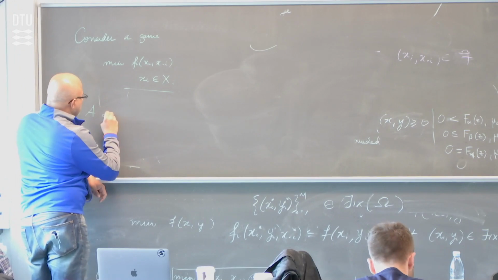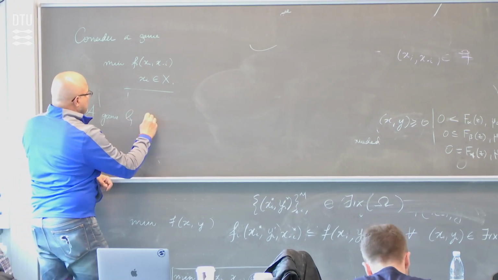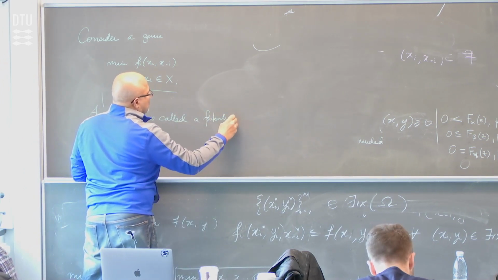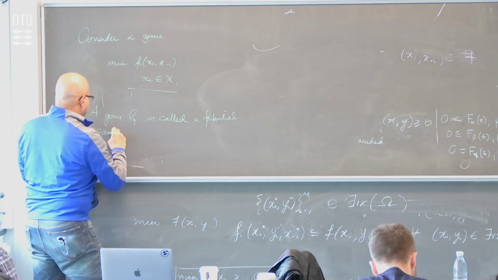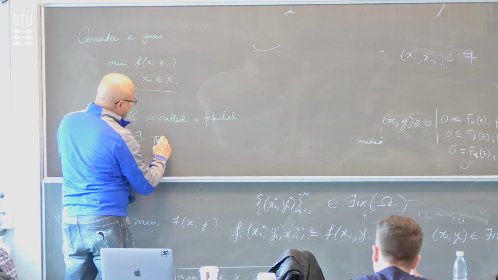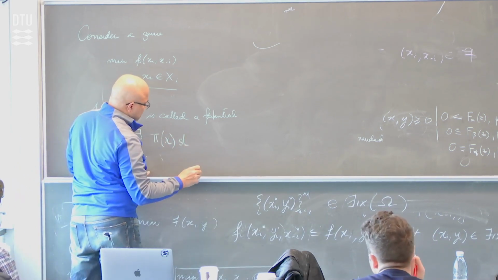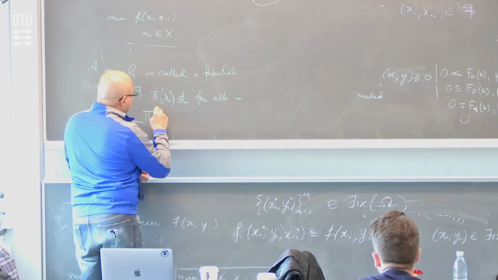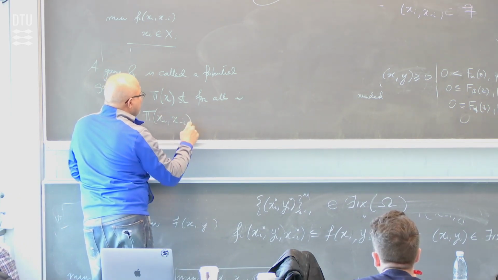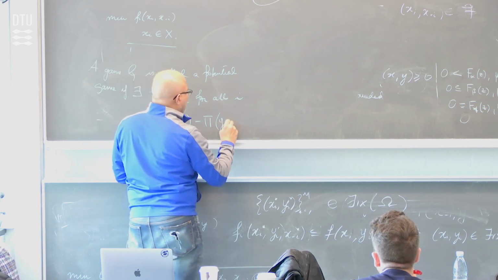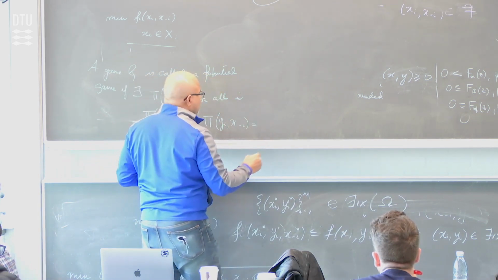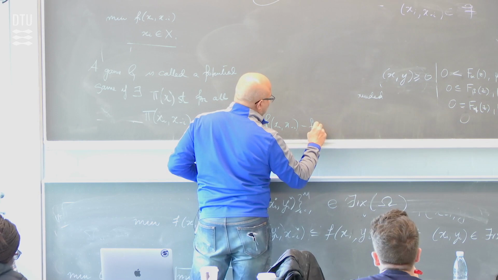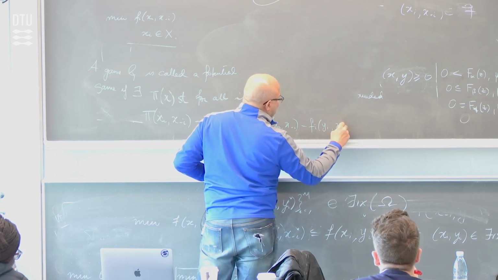A game G script is called a potential game if there exists a potential function pi of x such that for all i, pi of x_i, x_{-i} minus pi of y_i, x_{-i} is equal to f_i of x_i, x_{-i} minus f_i of y_i, x_{-i}.